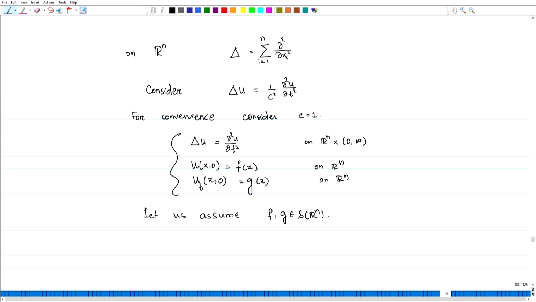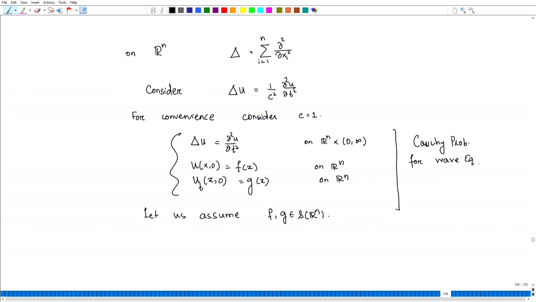This is called a Cauchy problem for the wave equation.